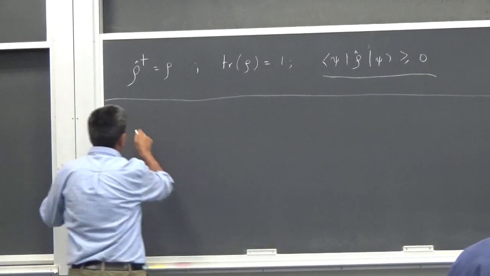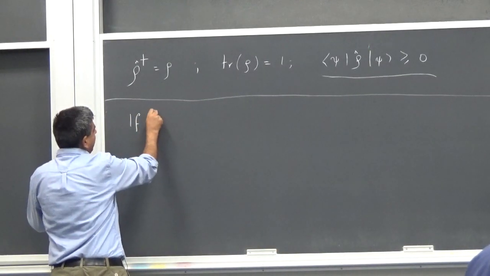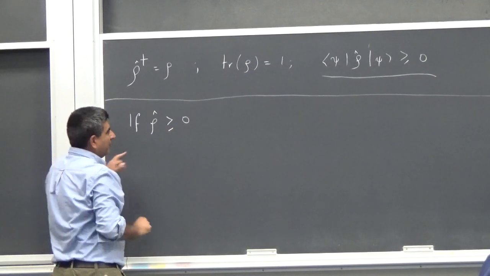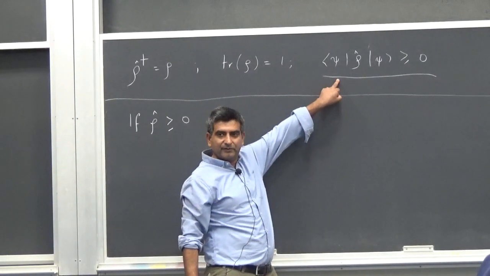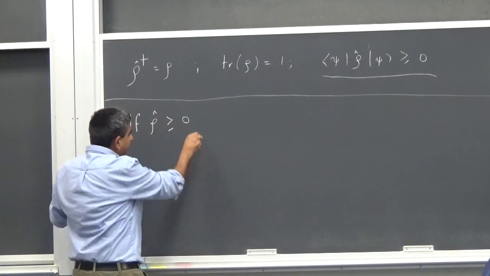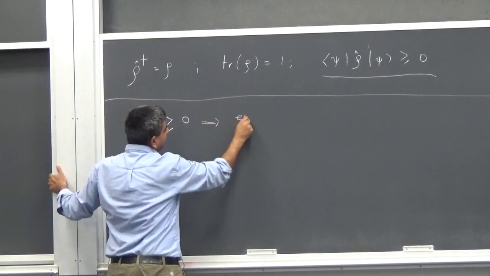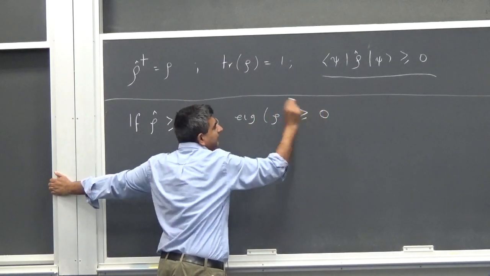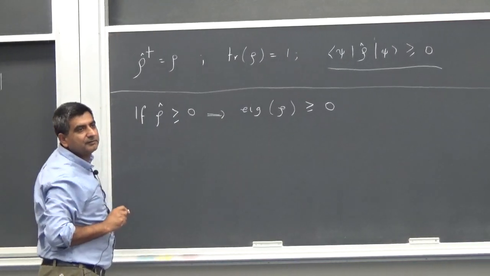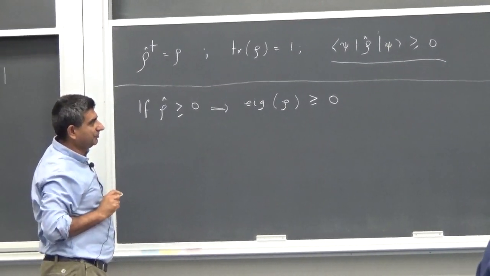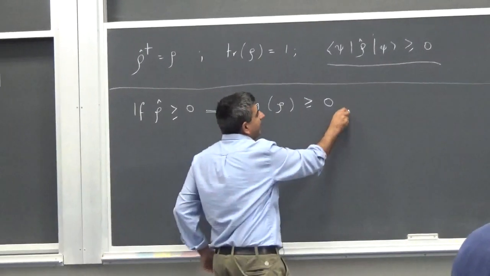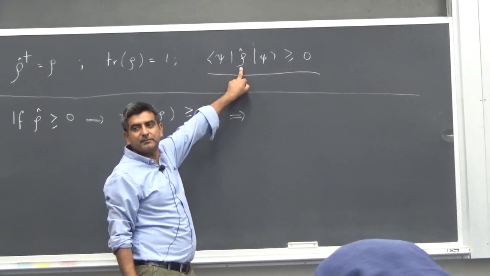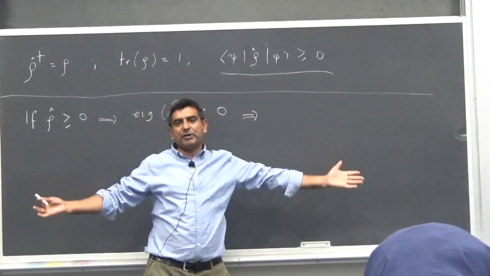So if rho is positive or semi-definite positive, which is just a shorthand for this, then this implies that the eigenvalues of rho are also non-negative. And why is this true? This is true because this is the definition of a positive operator, where psi is any quantum state.